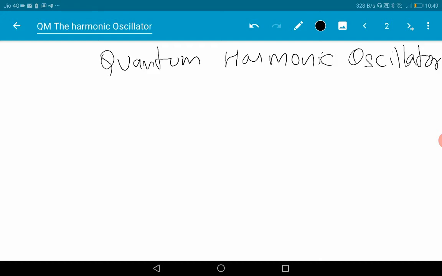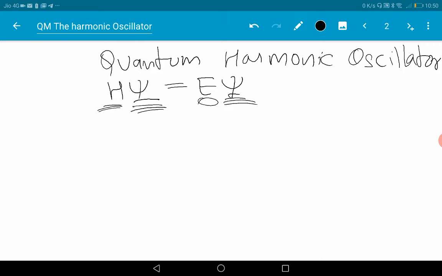In quantum mechanics, we all know basically the Schrodinger equation. We have the Schrodinger equation, which is just H psi equals E psi, where psi is the wave function, H is the Hamiltonian, E is your energy value.